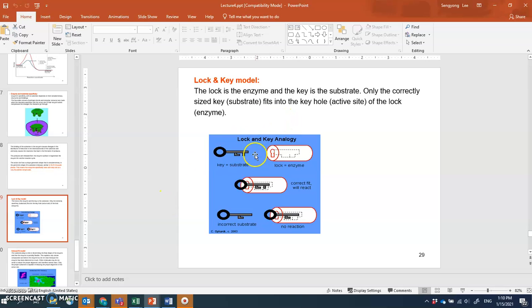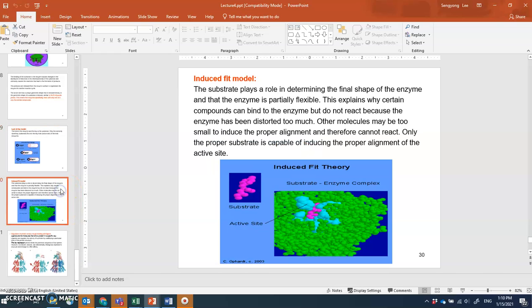So it's like a lock and key. They have the fitting structure, unless they will not open up, right? So that's the structural fitness we're talking about in the active site of the enzyme. And induced fit explains well what changes are made on the substrate once they bind with the enzyme. So the substrate plays a role in determining the final shape of an enzyme, and that enzyme is partially flexible.